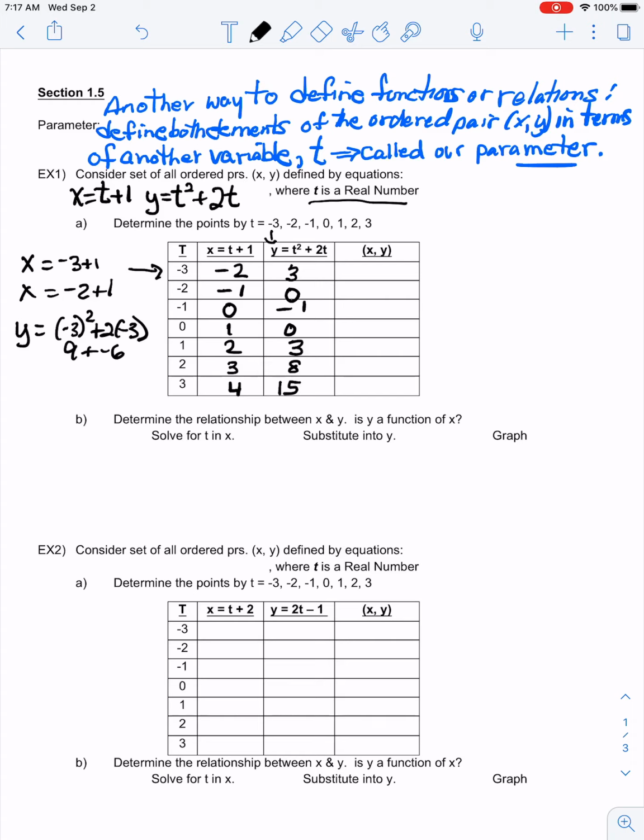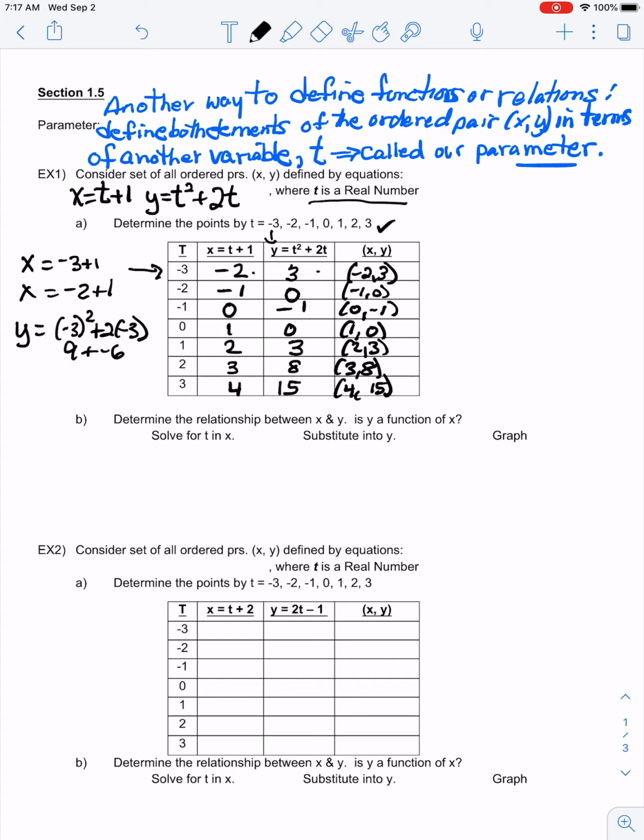So then what we have at that point are the ordered pairs, -2, 3. So x, y. -1, 0, 0, -1, 1, 0, 2, 3, 3, 8, and 4, 15. Okay, so now we've generated a set of ordered pairs. Okay, so that part's done.